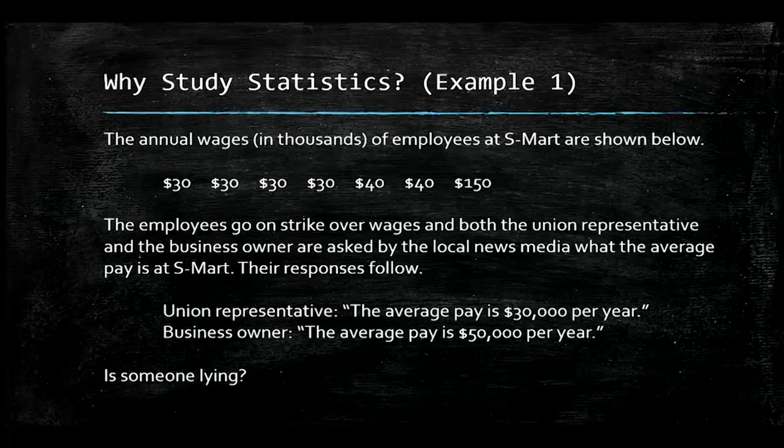So this is just a really easy example. Most examples are not quite as obvious as this, but even with the word average, if anybody's selling a product or an idea and they use the word average, on Wikipedia there are 14 different versions of average, 14 different ways to calculate it.